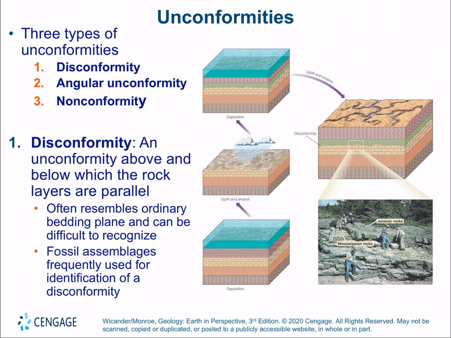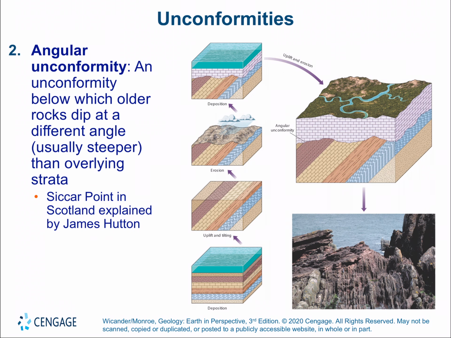Jurassic rocks in Montana. Our second type is the angular unconformity, an unconformity below which the older rocks dip at a different angle, usually steeper than the overlying strata.